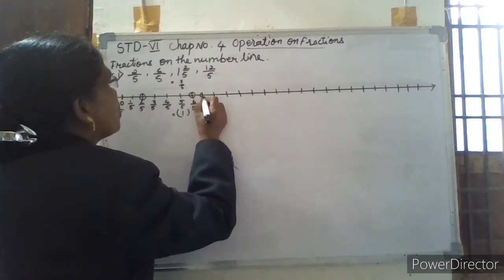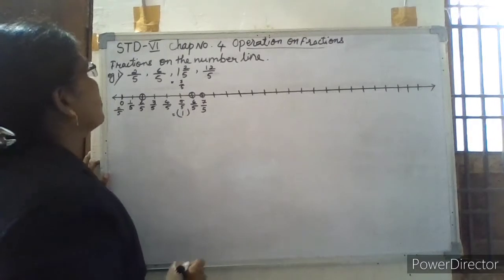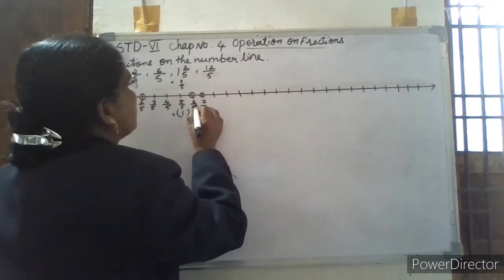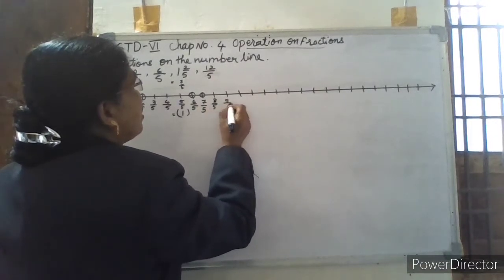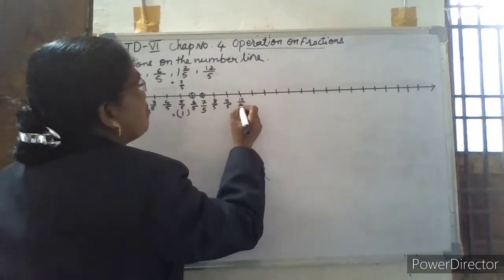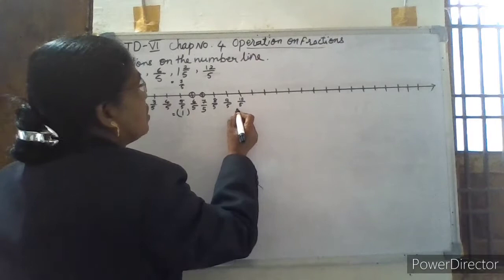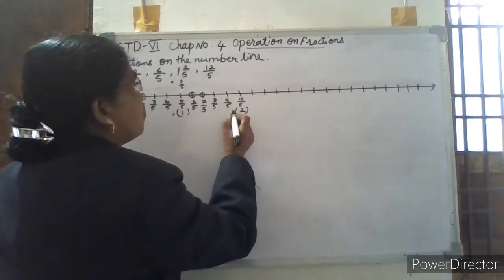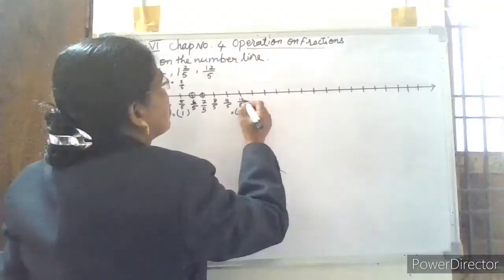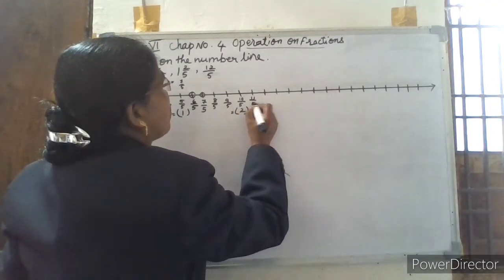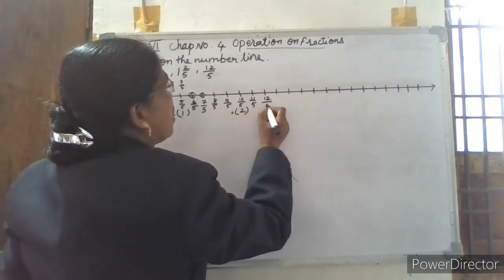Then 6 by 5, 7 by 5, 8 by 5, 9 by 5, 10 by 5. 10 divided by 5 is equal to unit 2. Then 11 by 5, then 12 by 5. So 12 by 5 I have to plot.